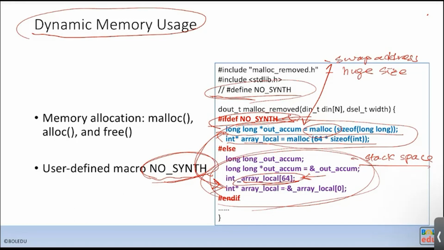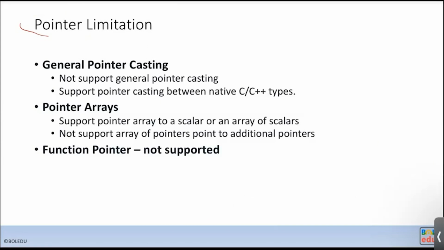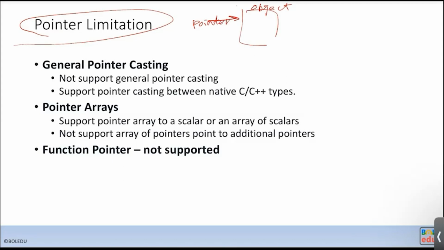Another restriction is the pointer limitation. You know, a pointer in C could point to any object, and different objects have different resource allocations.